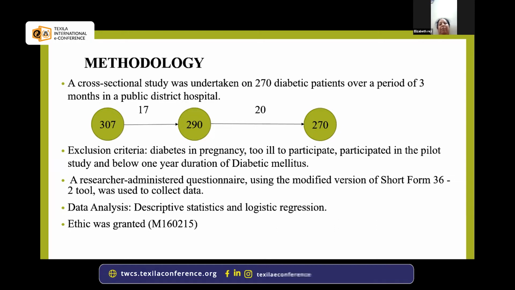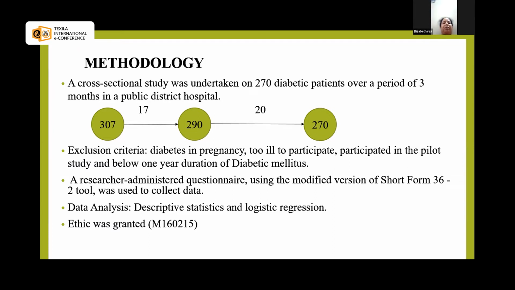The figure shows that we approached 307 people, 17 declined, and 290 were ready and willing to participate, but 20 were excluded, so we had 270. The exclusions were diabetes in pregnancy, being too ill to participate, having participated in a pilot study, or a duration of diabetes of less than 1 year.